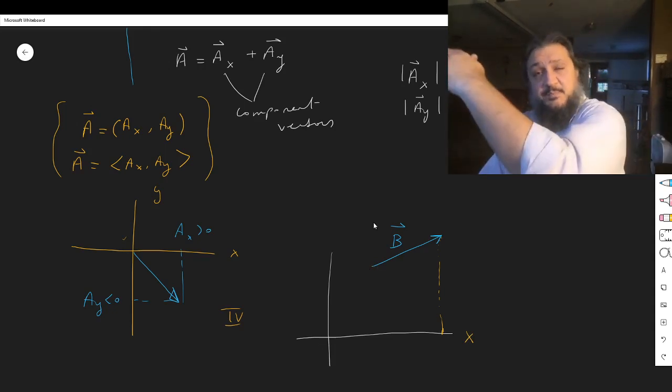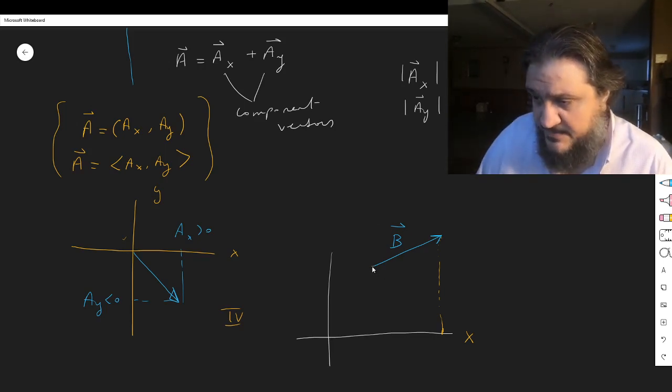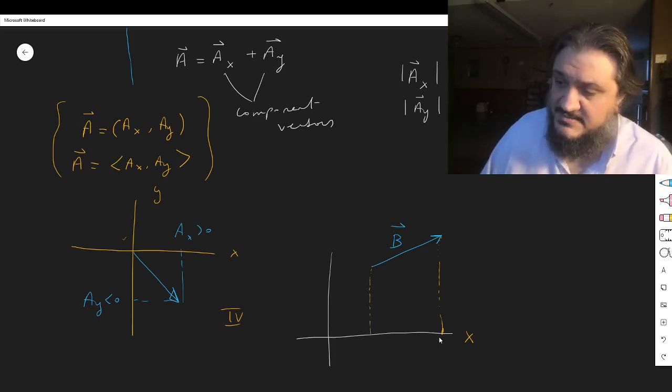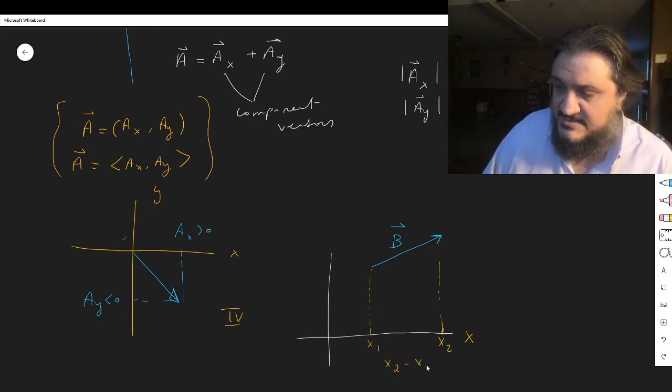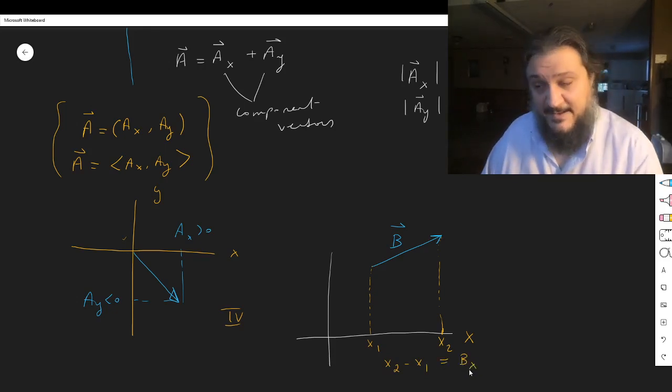So you either take B all the way to the origin, or without doing that you can just drop this point all the way to the x-axis. So you find these 2 points, call them x2 and x1, and take the difference x2 minus x1, and that will be your bx. Okay?